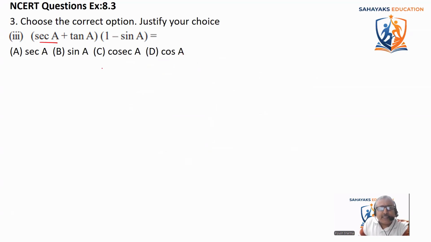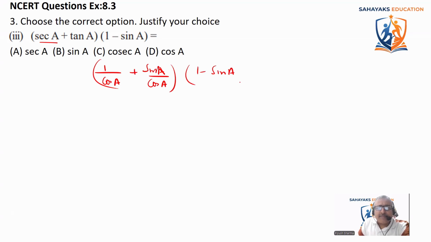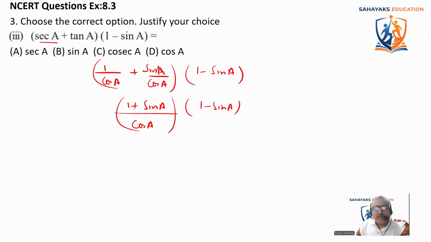So it is sec A, that is 1 by cos A, plus tan A, which is sine A by cos A, into 1 minus sine A. If we take the LCM, it becomes cos A, and it will be 1 plus sine A into 1 minus sine A. That becomes a plus b into a minus b.